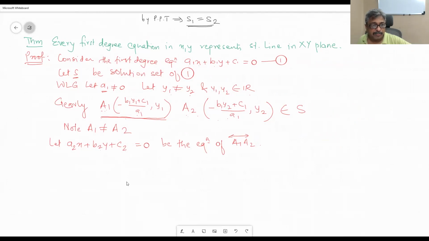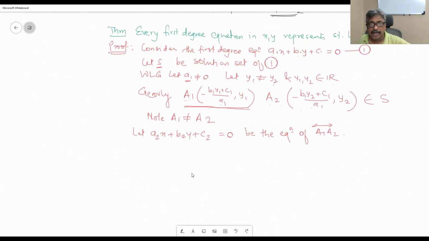After we got 2 distinct points, we can always find the equation of the line. Suppose it looks like this. Again, it happens to be linear in x and y. So now we have 2 equations linear in x and y. The solution set of this is S and the solution set of this is the straight line passing through A1 and A2.